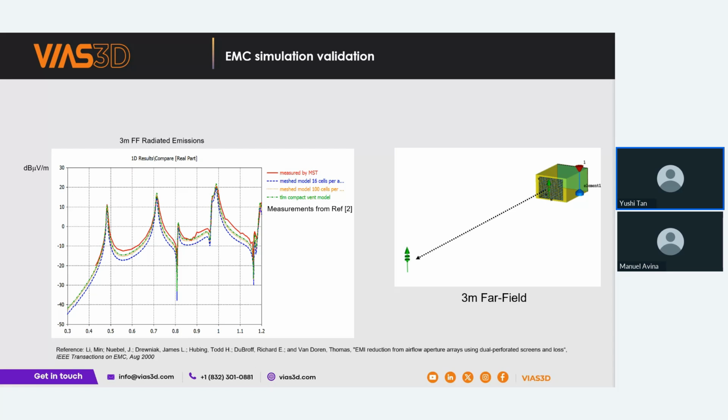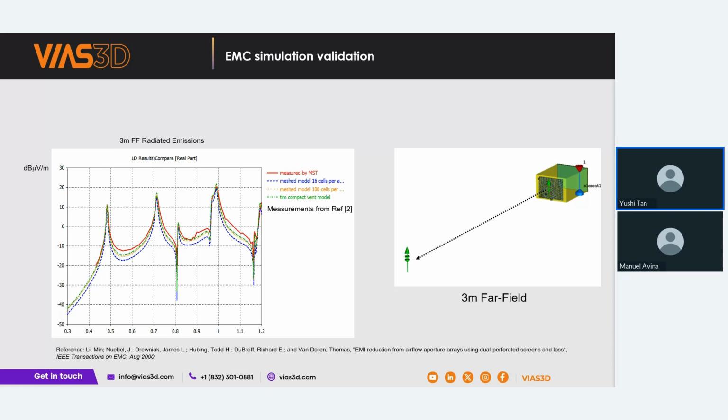But like I said, I need to emphasize this enough: you need to simulate what you're measuring, an apples-to-apples comparison. Of course, we're measuring the fields at a certain distance away, in this case far field at 3 meters. And if you're interested in the near field region, the geometric detail may have a significant contribution in the area that you're interested in.